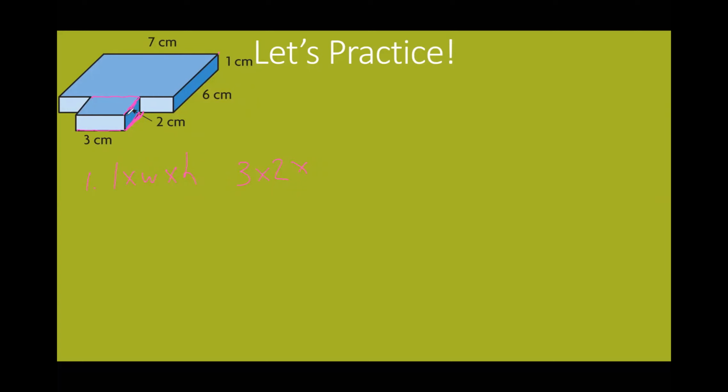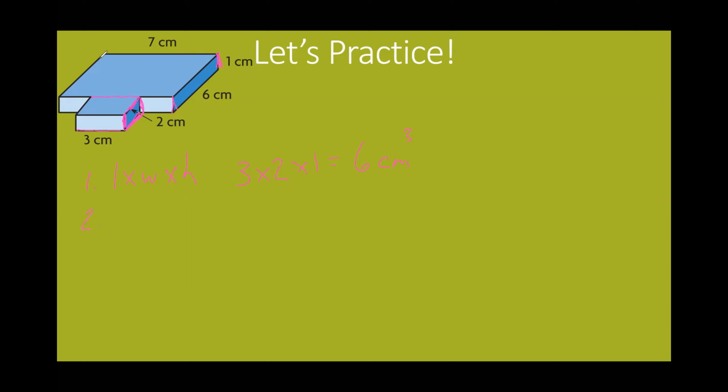Well, I don't see the height here, but I see height here. And if that one is 1, then this one is 1, this one is 1, and they're all 1. So it's 3 times 2 times 1. And you guys can easily do that with mental math. 6 centimeters cubed. Very good.